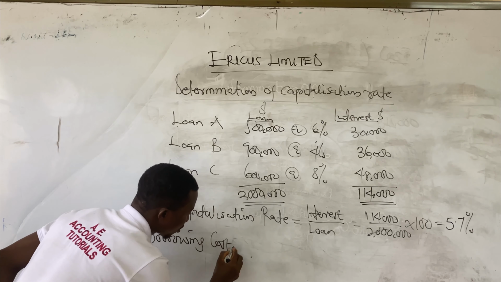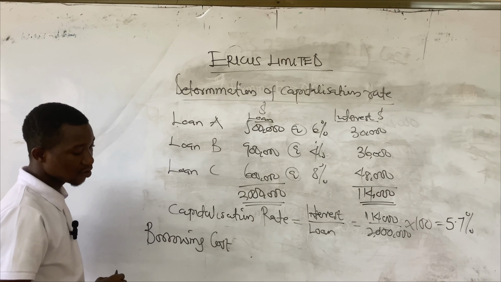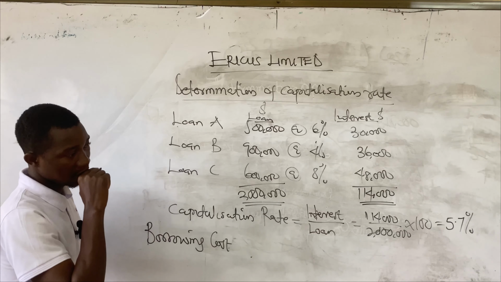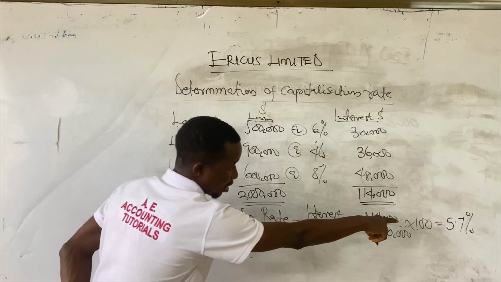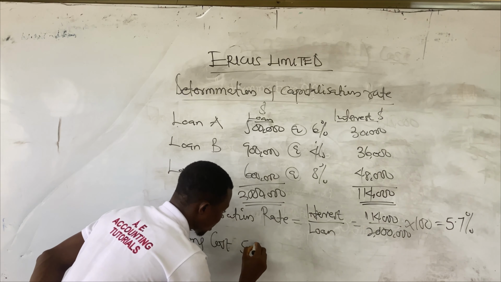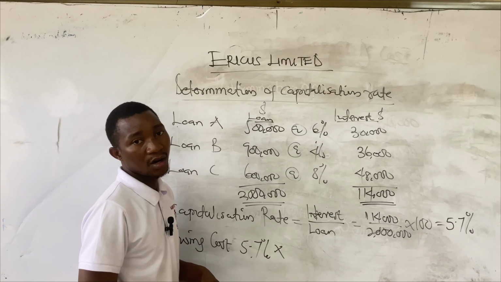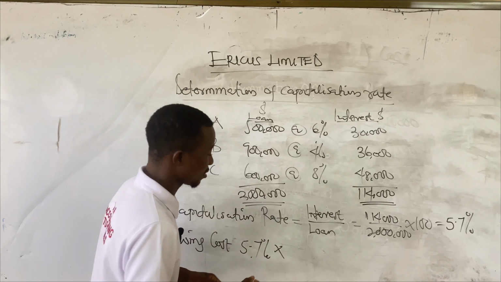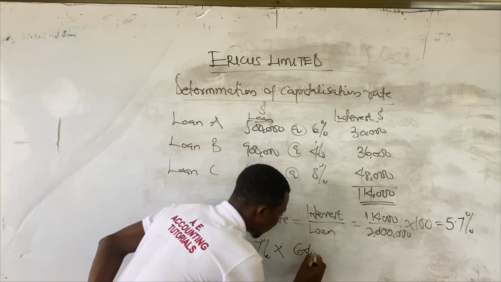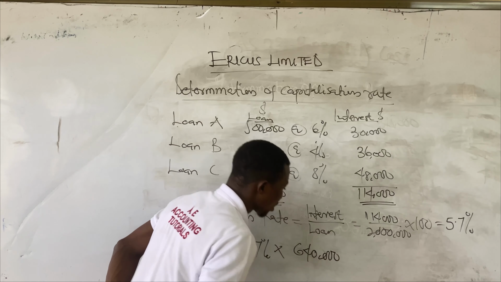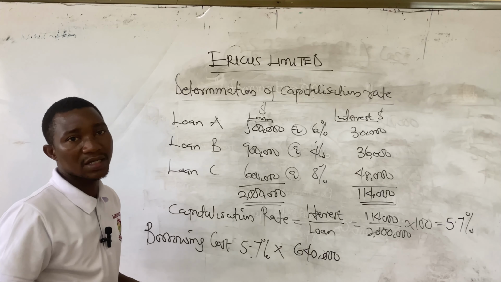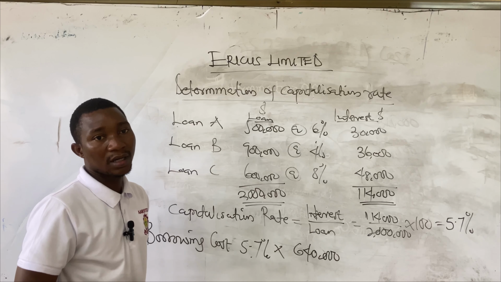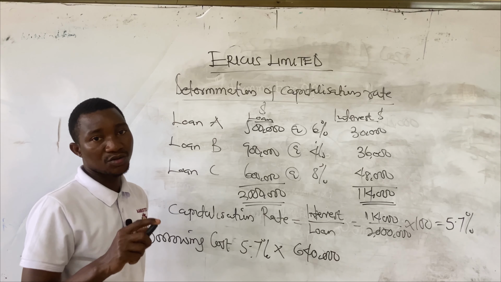When we talk of the borrowing cost, what we have to take note of is that we have the interest rate already, that is the capitalization rate, 5.7% on the cost of the qualifying asset, and the cost of the qualifying asset from the question is $640,000. But remember that the construction begins on 1st October 2020 and ends on 31st May 2021.